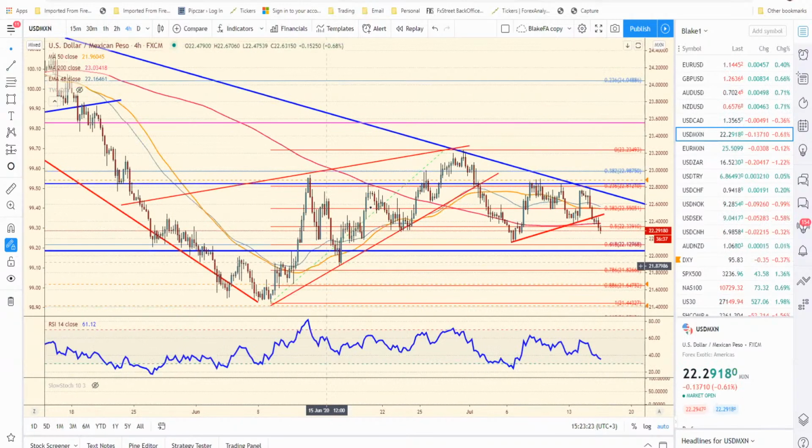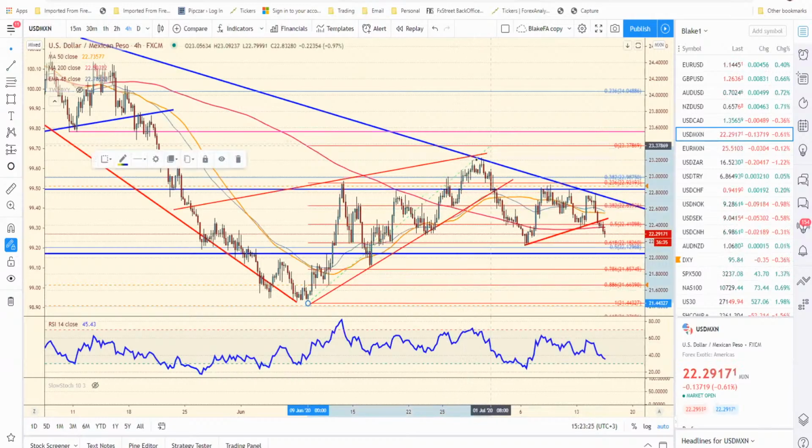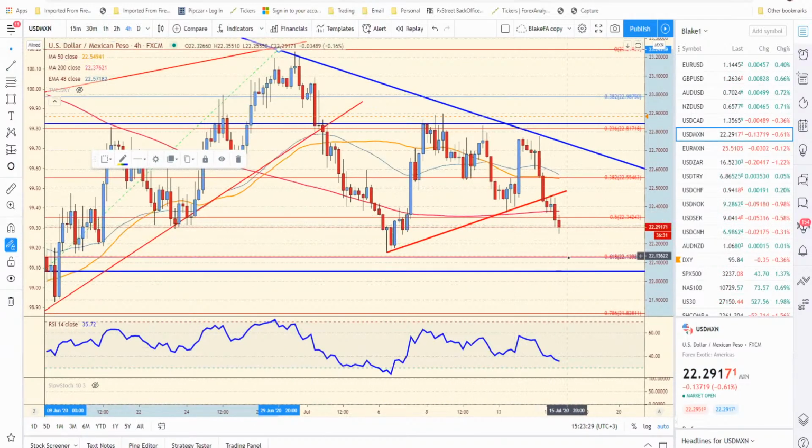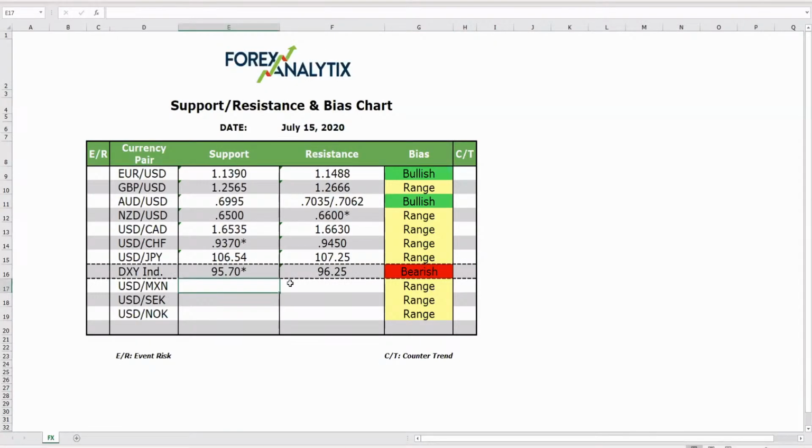And as you can see with this fib here, this is the 618 retracement that comes in at 2213. Horizontal support is at 2215 roughly. So I'm going to put 2215 as pretty key support here.